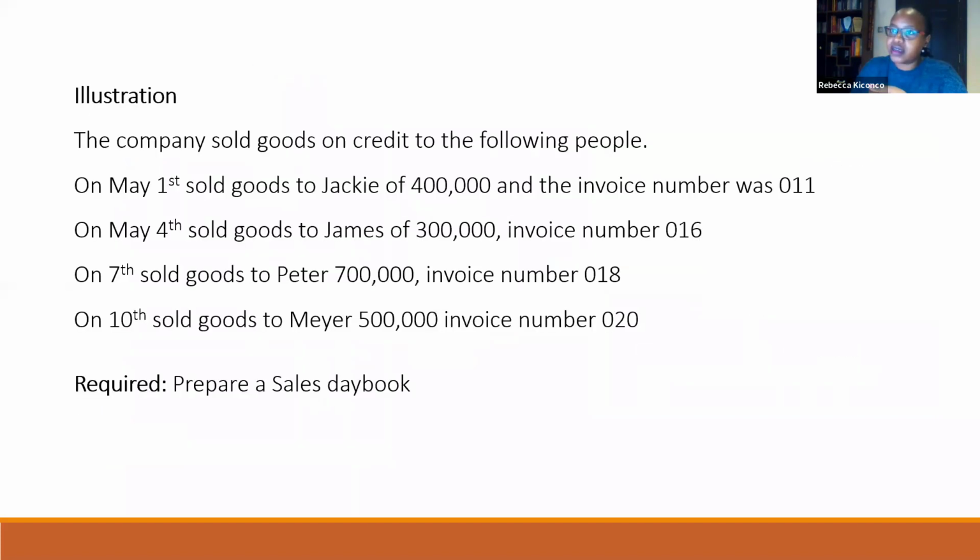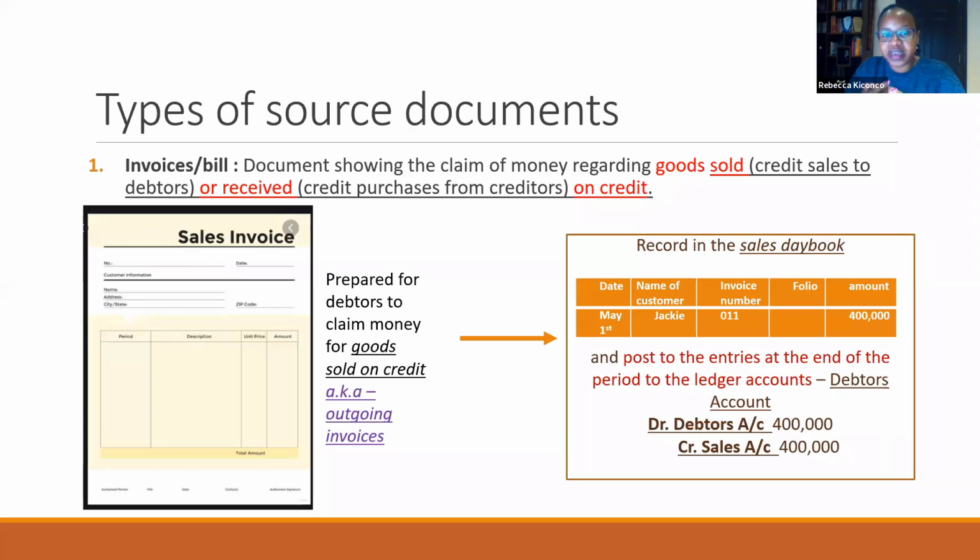This particular invoice is an invoice that you make in the business. The sales invoice is an invoice that originates from within the business. So this one, you will prepare, and then you will send the original copy to the other party that has bought goods from you, your debtor. You remain with a photocopy or the second copy, what they call the carbon copy.